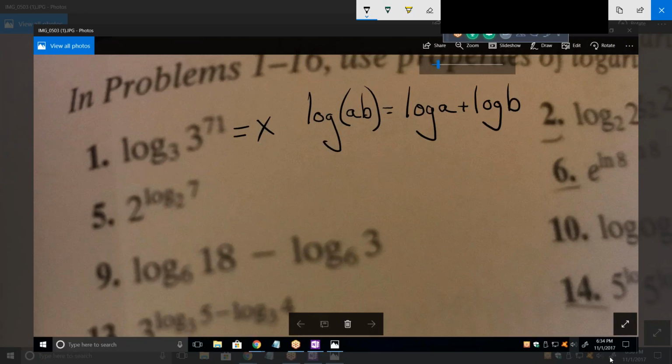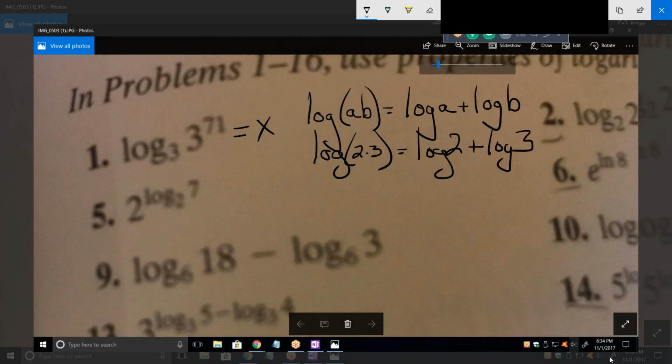For example, if I had the log of 2 times 3, which is 6, that's equal to the log of 2 plus the log of 3. Okay? Same as exponents, if you'll recall, and that's what logs are, exponents.